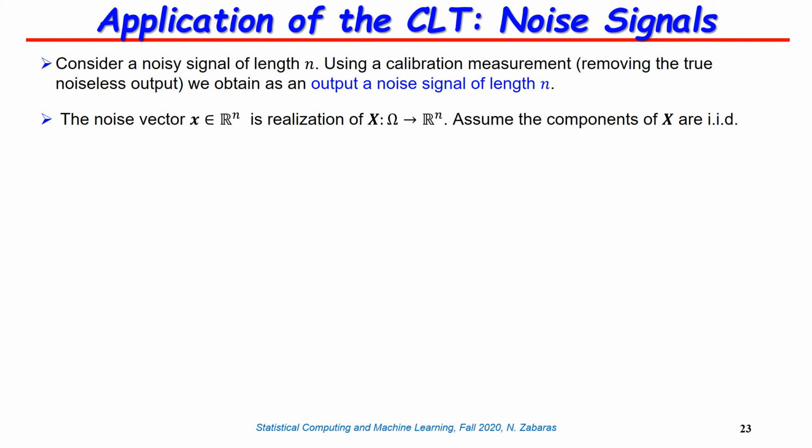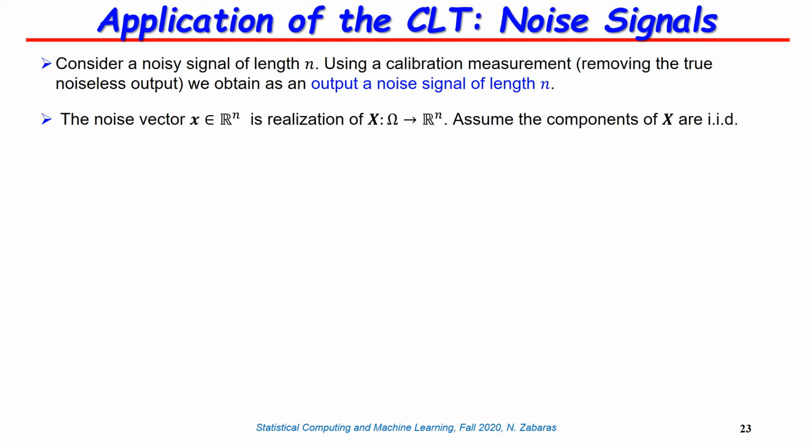The first thing I am going to do is use the law of large numbers or the central limit theorem to get an approximation, using one measurement, of the mean and the variance of the noise vector.